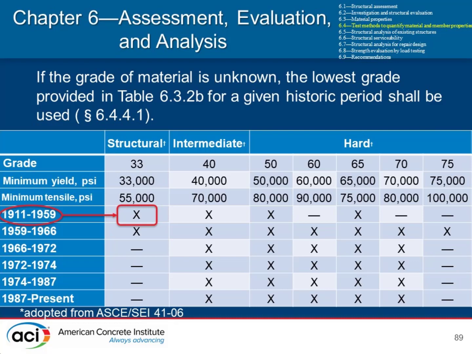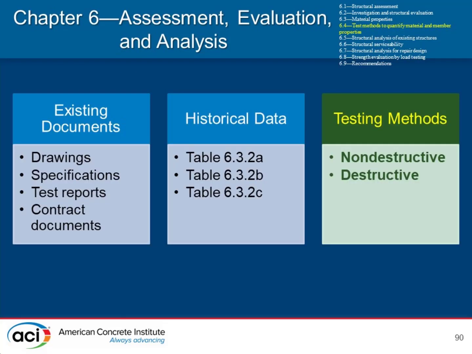Talking a little bit about testing methods, destructive and non-destructive testing methods are used to obtain in-place mechanical properties of materials and member properties, and they're to be in accordance with section 6.4. For in-place testing, the locations and numbers of material samples shall be defined to characterize the materials.